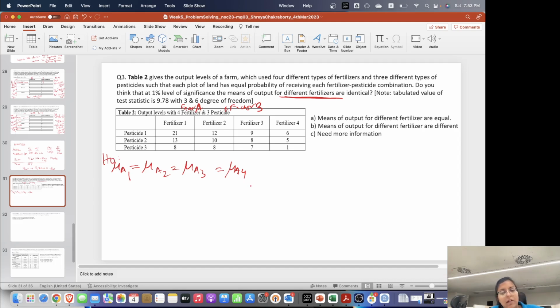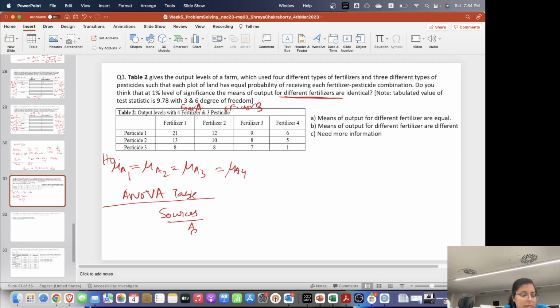So for this one, we have to find out the ANOVA table. We are assuming that there is no interactive effect between fertilizer and pesticides, so we will keep it simple. So sources of variation will be A, B, error and total.